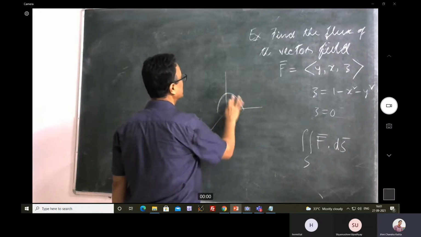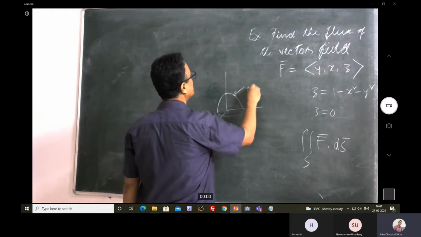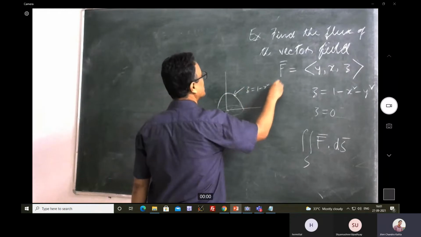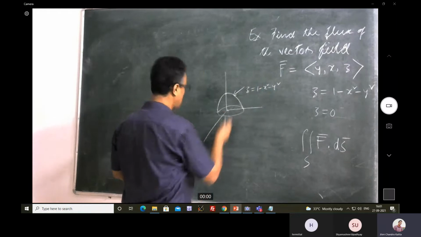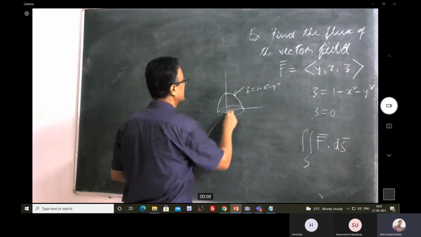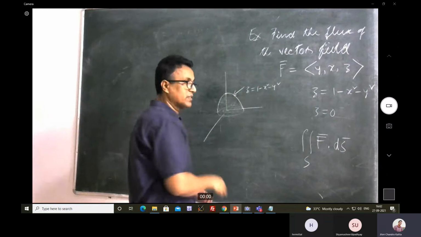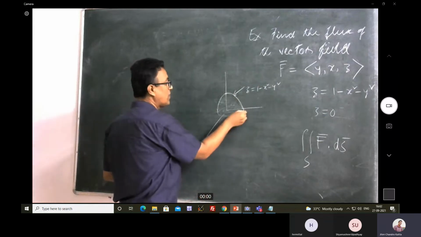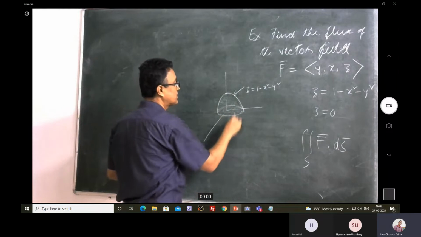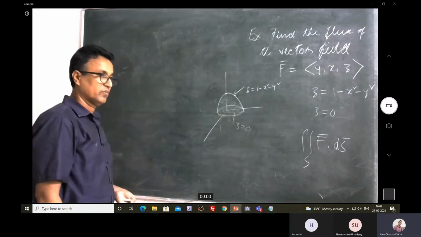Are you getting my point? So this is the paraboloid z equal to 1 minus x squared minus y squared, and then we have to consider z equal to 0. So basically the surface S is given by this surface plus this surface. This is z equal to 0. Are you getting my point?